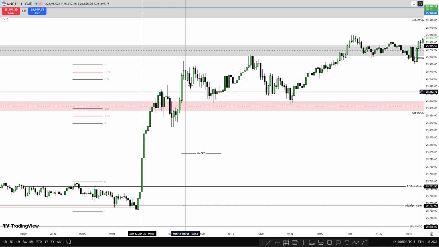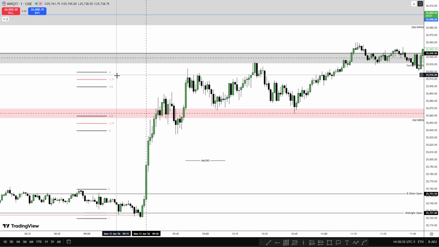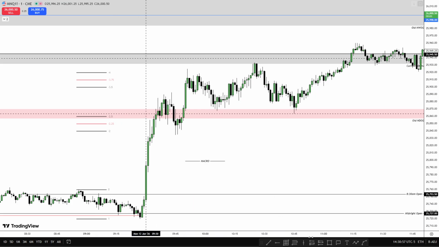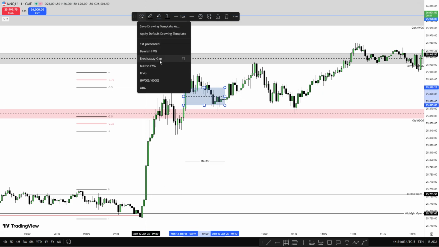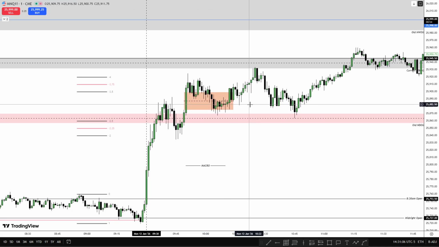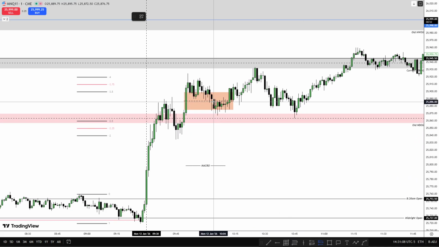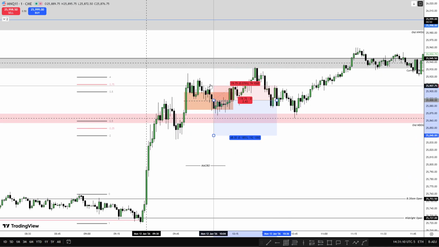Suddenly price flies up into my standard deviation projection, and then price inversed this bullish fair value gap, and I wanted to take a short, stop loss right here.